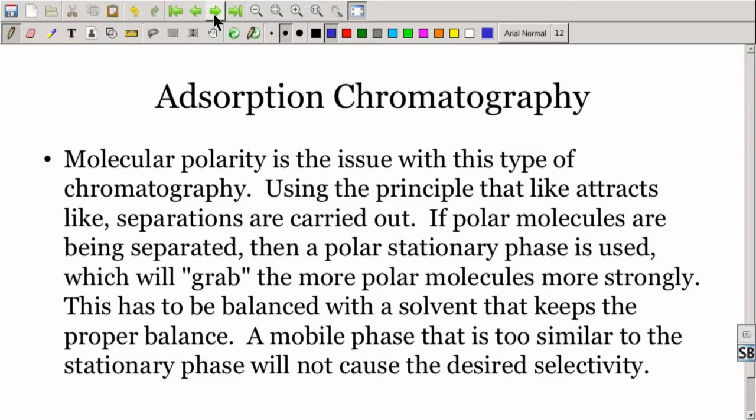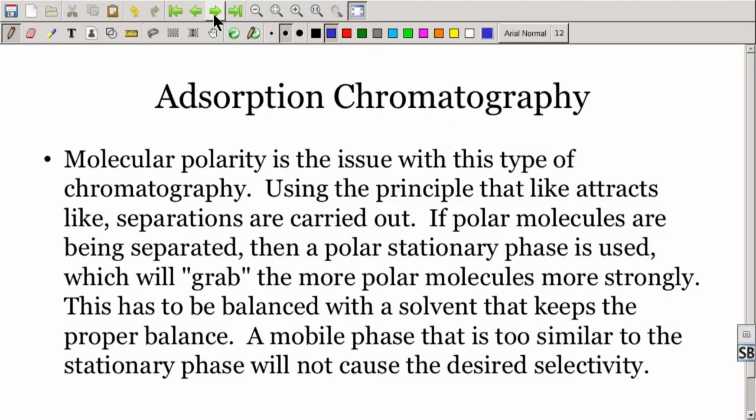All right, so first of all, most chromatography would be qualified as adsorption chromatography. In other words, what happens is the molecules that you're trying to separate are adsorbed on the surface of the stationary phase. As the mobile phase passes over that, the molecules dissolve into the mobile phase and then are reabsorbed onto the surface of the stationary phase.